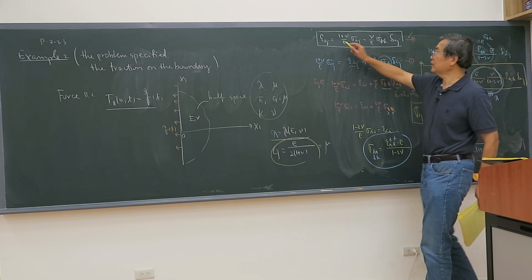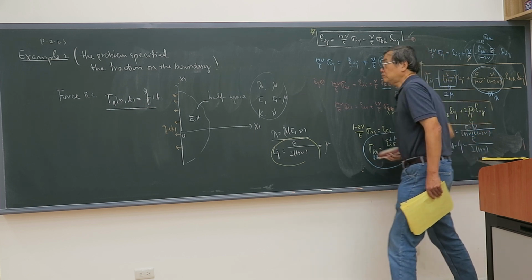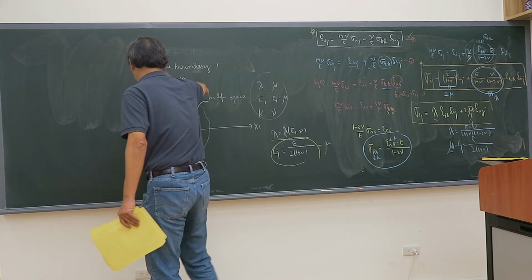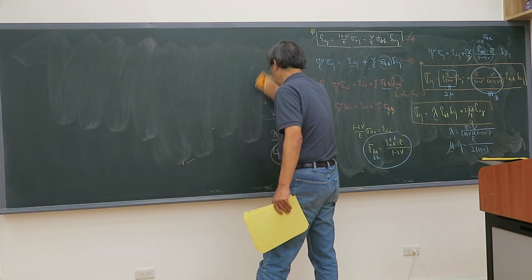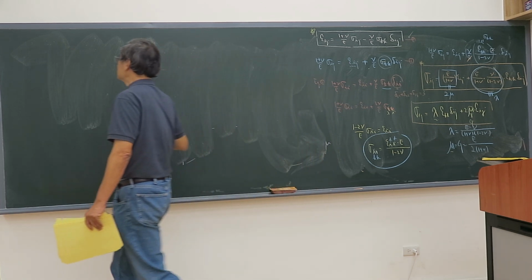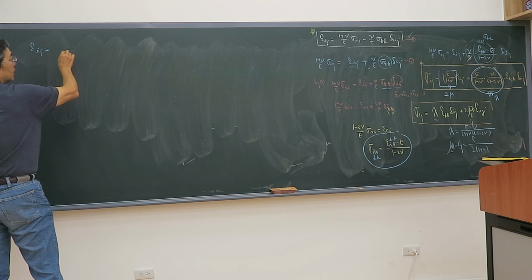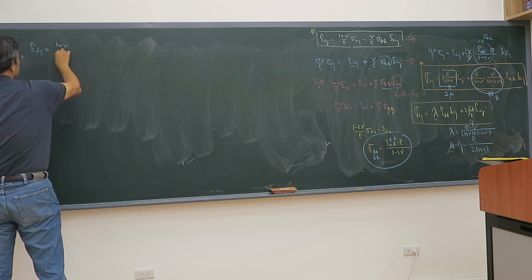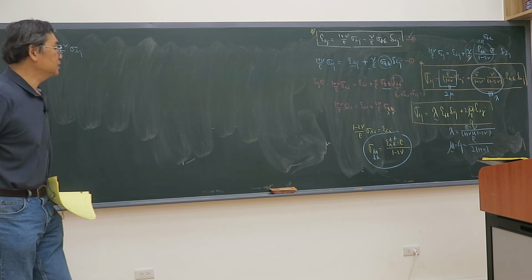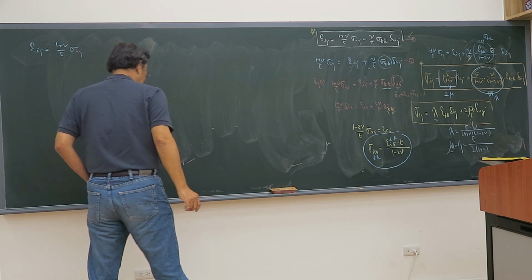Actually, we can show from here. Once you got this equation, εij is equal to (1 + ν)/E σij.